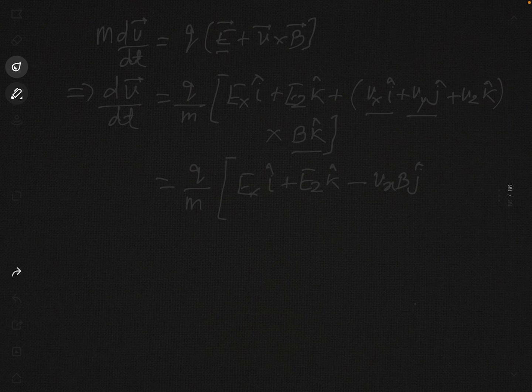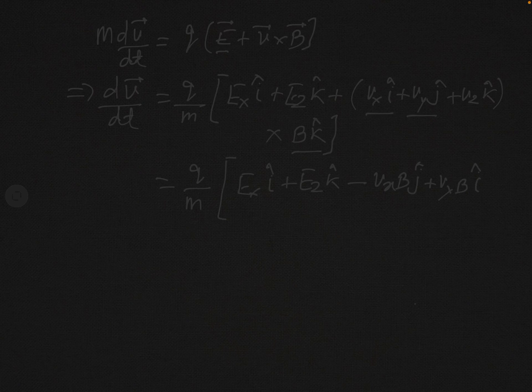Since j cross k is i, this will be plus Vy B i.